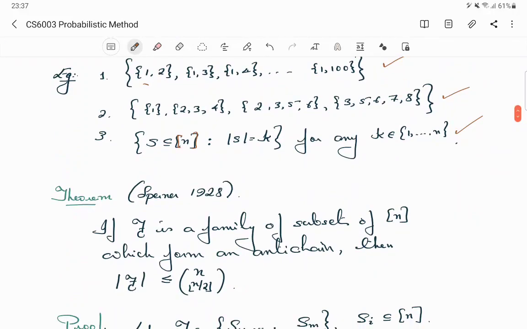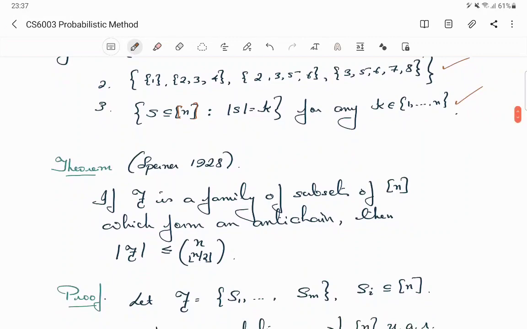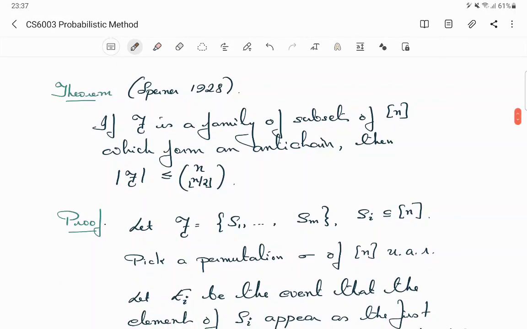And we are going to prove this using the probabilistic method again. Just to give a name to each of the sets in the family, let's say there are m sets in the family, and I label them as S1, S2 all the way up to Sm. Remember that each of these Si is a subset of {1, ..., n}.